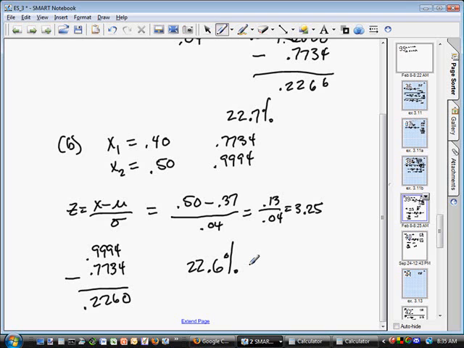If you get anything above that, you can assume it's 100. And if you get anything below this, you can assume it's goose egg, 0. So if you're off the table, if you're off this way, just call it 100%. If you're off this way, just call it 0. I'm glad you brought that up. Yeah, if you're off the table, that's what you do.